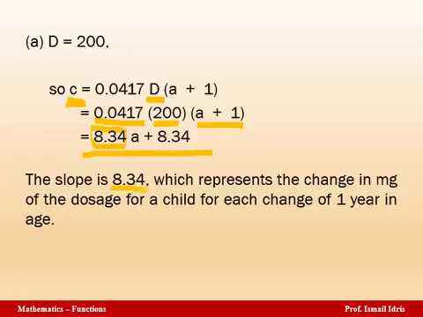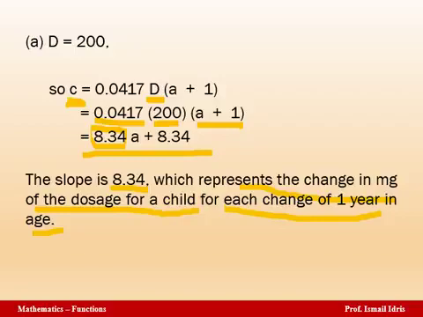So the slope of this straight line is 8.34. What does that slope represent? It represents the change in milligram of the dosage for a child for each change of 1 year in age.